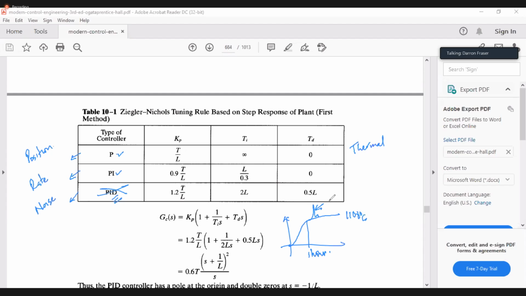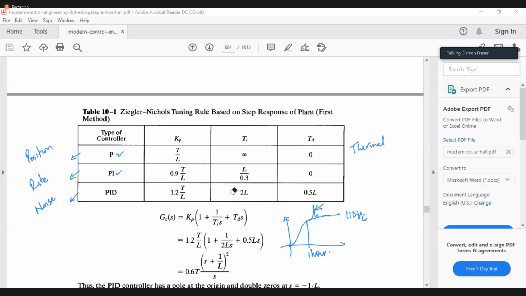All right, so the noise is not a factor in those things. So you have to determine whether anything is susceptible to noise or not, to determine which one of these you are going to use.